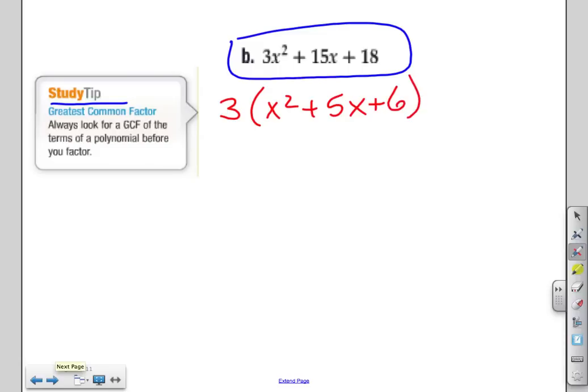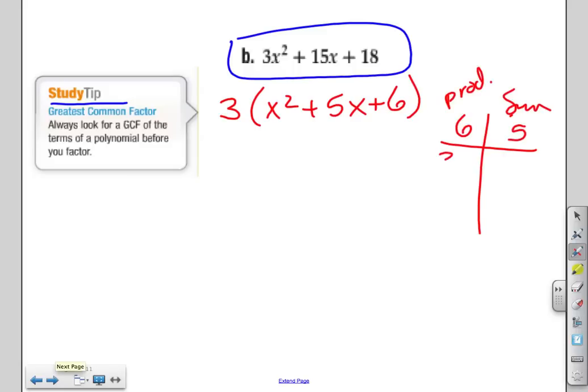Okay? Then I'm going to remember that 3 and leave it. Now I'm going to try and factor the x squared plus 5x plus 6. But I will need that 3 again later. So keep it in the back of your mind. So let's factor this. The product is 6 and the sum is 5.